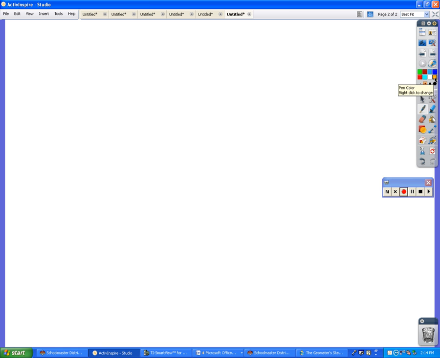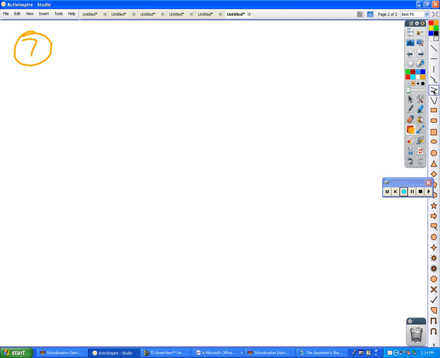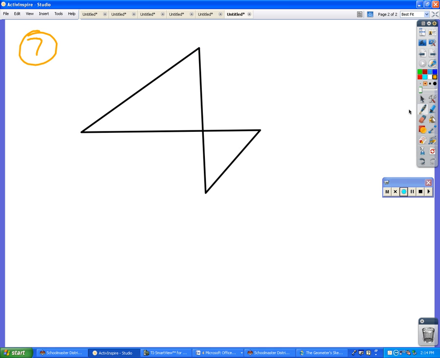All right, so let's take a look at these last 3. Number 7 has this little kind of bow tie set up. And we're told that these 2 lines are parallel.